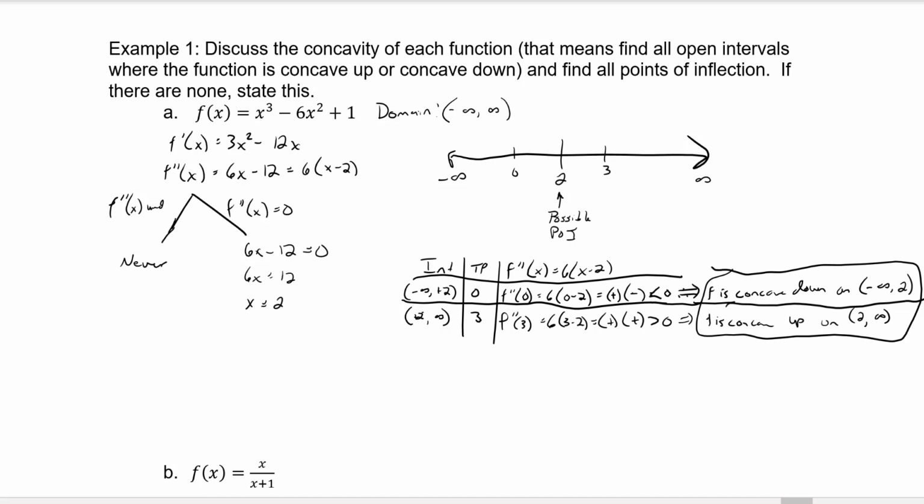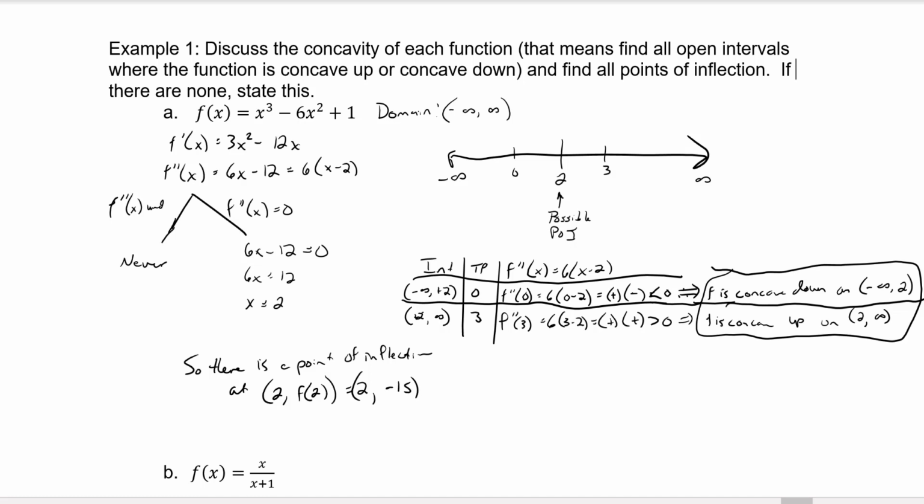And then, so now looking at the concavity change, so our concavity in this case is changing. It's going from concave down to concave up at x equaling 2. So then f of x is going to have a point of inflection at 2, f of 2, which then is equal to 2 comma negative 15.